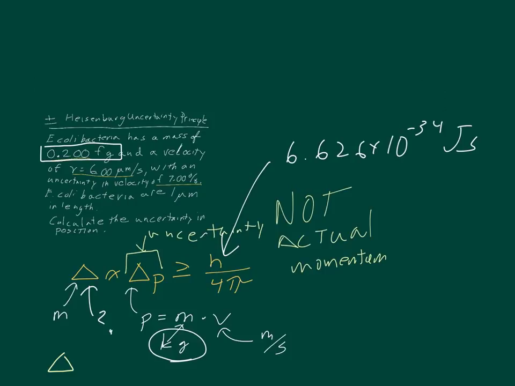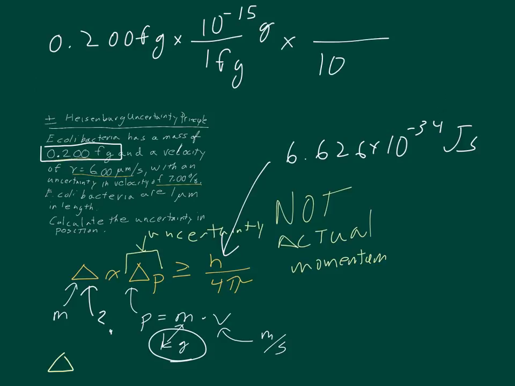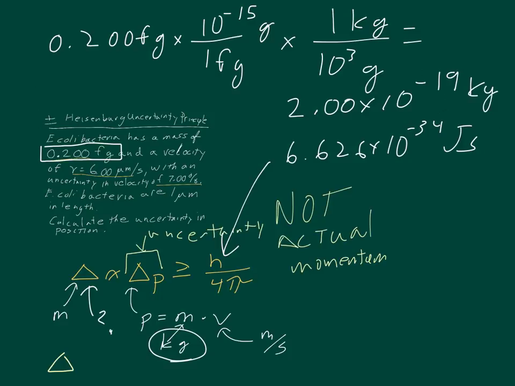So let's do a quick unit conversion here. 0.200 femtograms times 10 to the negative 15th grams per 1 femtogram, times 1 kilogram per 10 to the 3rd grams. That's going to give me negative 15 plus negative 3, negative 18, so 2.00 times 10 to the negative 19th kilograms.